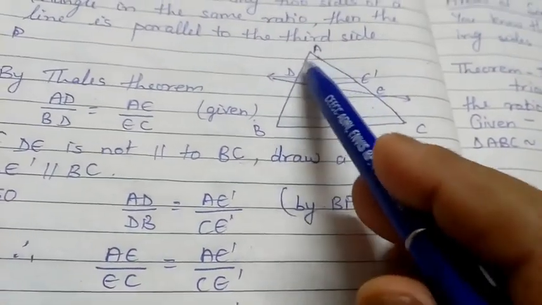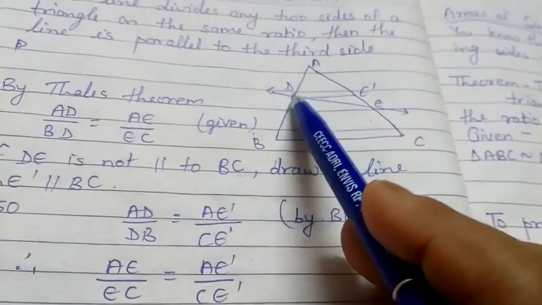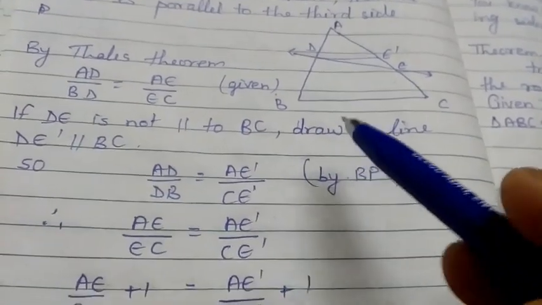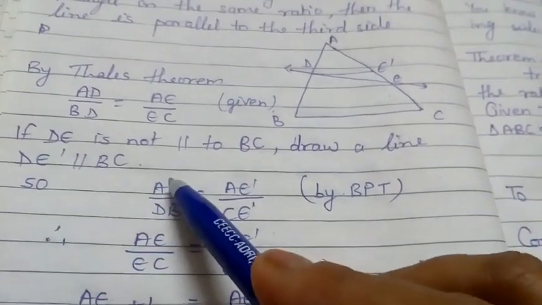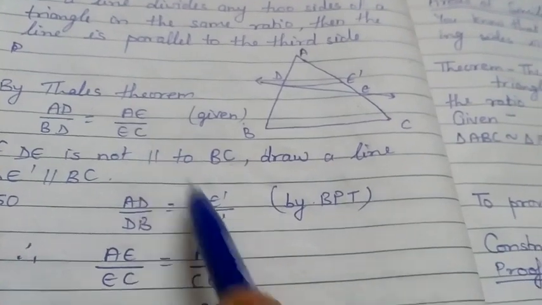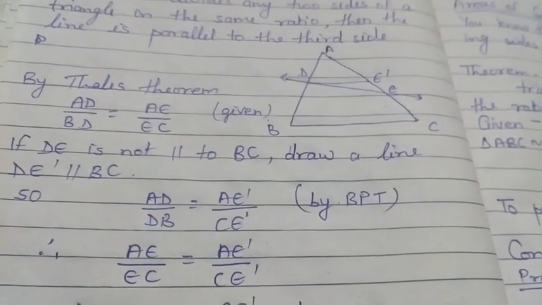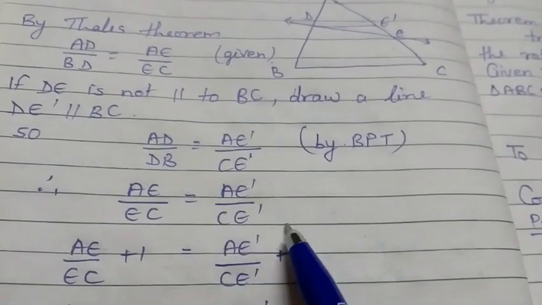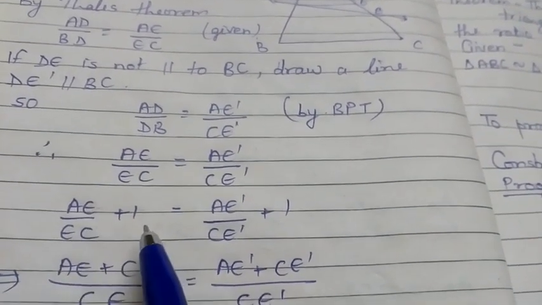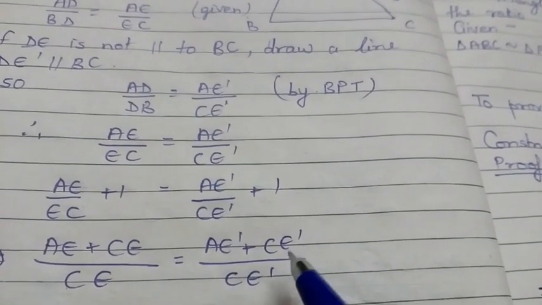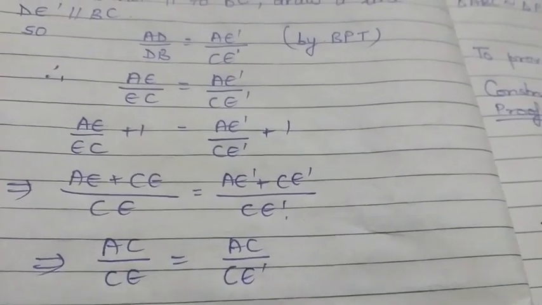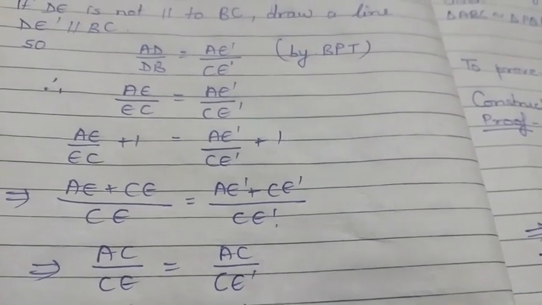So AD upon BD equals AE dash upon E dash C, and this is also equal to AD upon BD. Therefore, AE upon EC equals AE dash upon E dash C. Adding 1 to both sides: AE plus EC upon EC, AE dash plus E dash C upon E dash C. We get AC upon CE equal to AC upon CE dash.